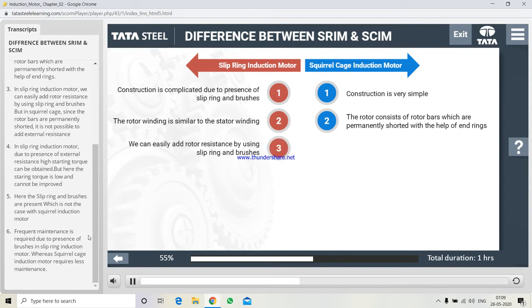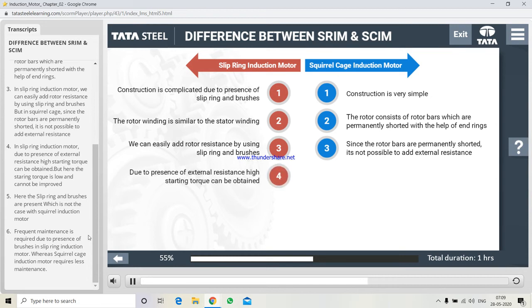3. In the slip ring induction motor, we can easily add rotor resistance by using slip rings and brushes. But in the squirrel cage, since the rotor bars are permanently shorted, it is not possible to add external resistance. 4. In the slip ring induction motor, due to the presence of external resistance, high starting torque can be obtained.